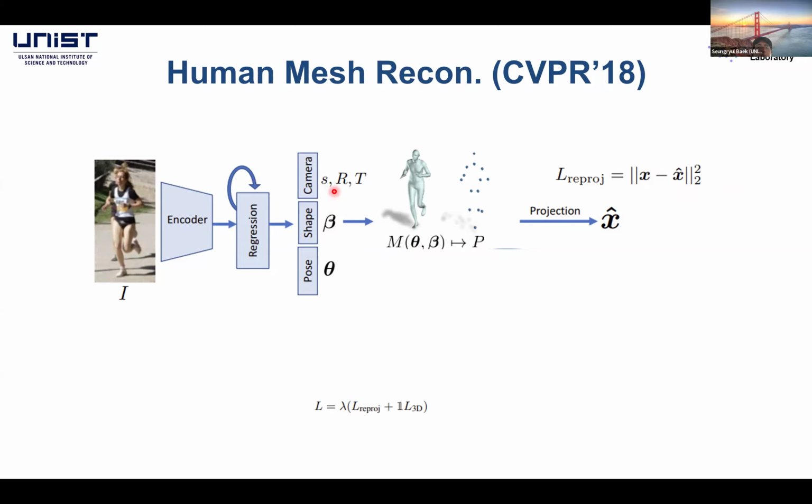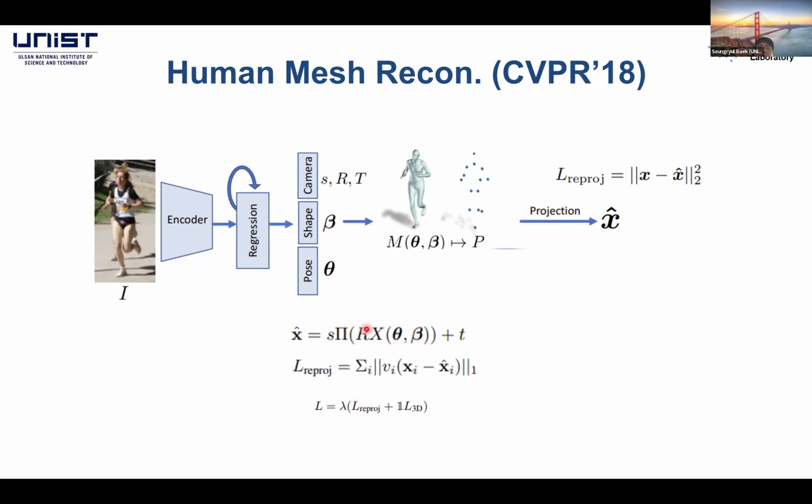And what is SRT? This X, theta and beta, that is representing the 3D skeleton. And by applying some global rotation to this 3D skeleton, since SMPL cannot easily represent some people who are lying, okay?